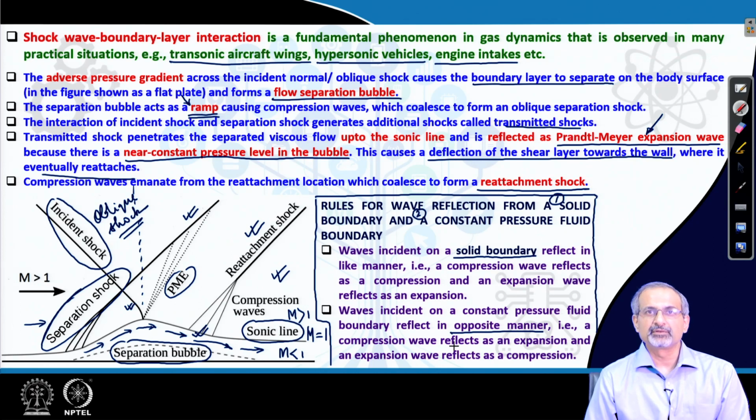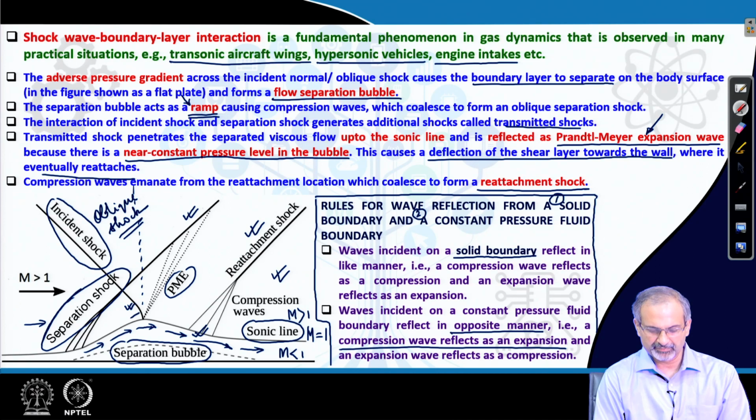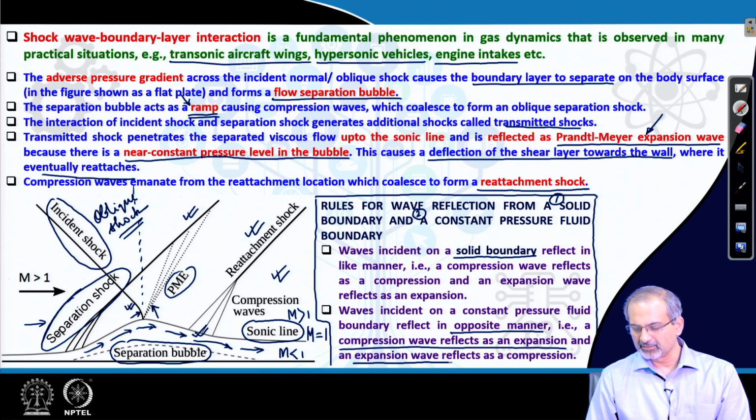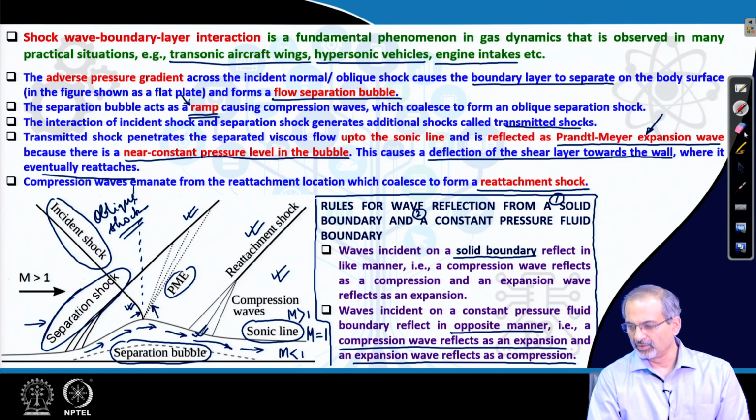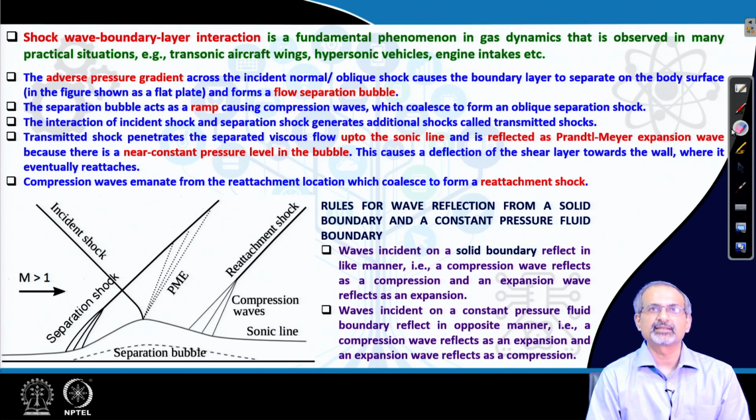A compression wave reflects as an expansion, that is what is happening over here. A compression wave coming in here reflects back as an expansion wave, while an expansion wave impinging on a constant pressure boundary will reflect as a compression. So, please take note of these rules. We are not trying to prove them here, but we are accepting them as facts.